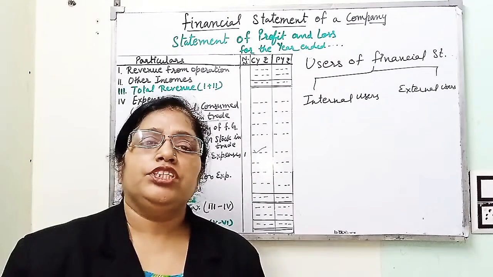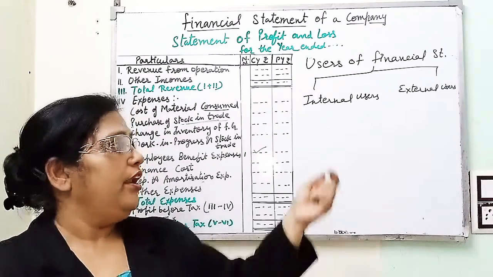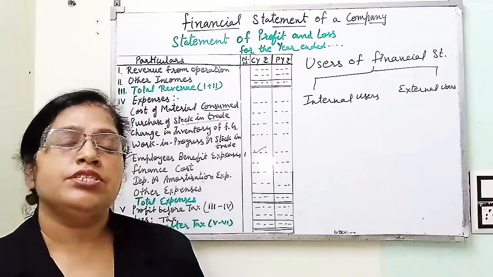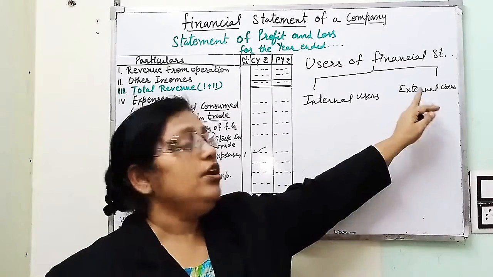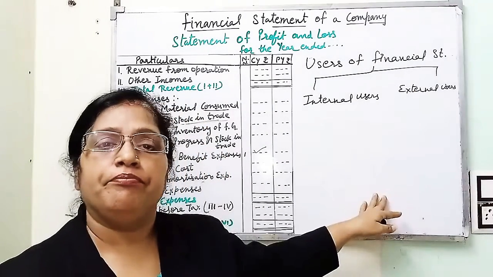Internal users are the users which are within the company, within the organization, and external users are the users which are outside the organization, but they directly or indirectly belong to the organization.